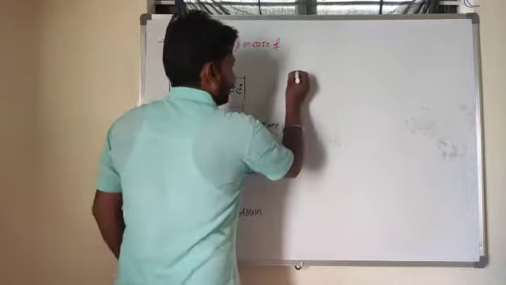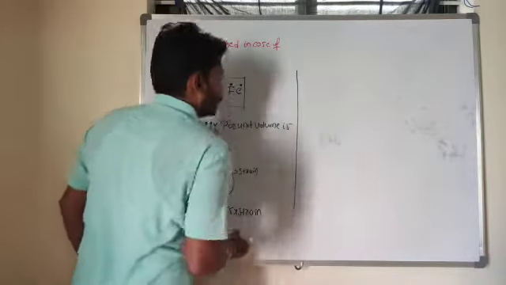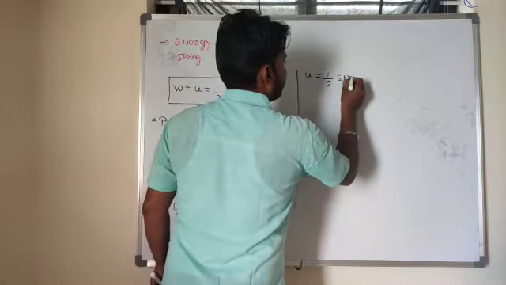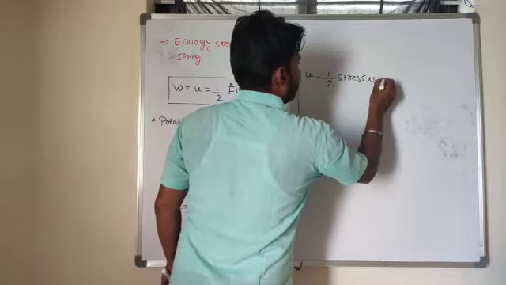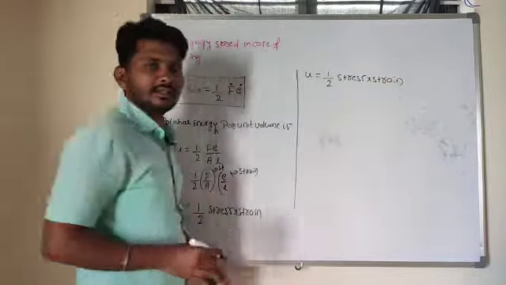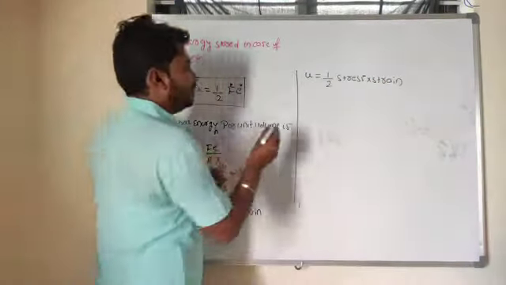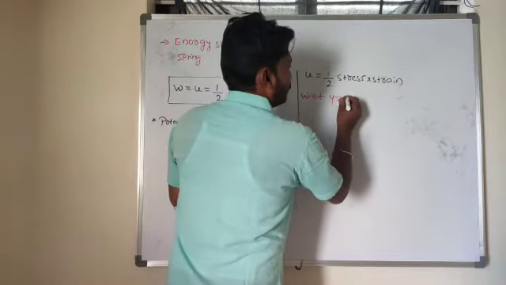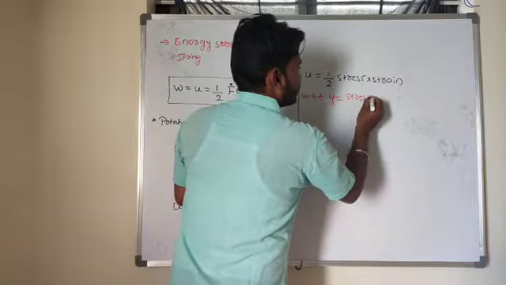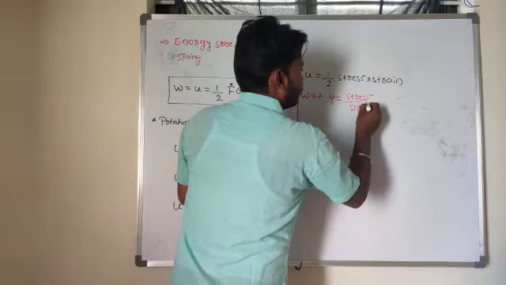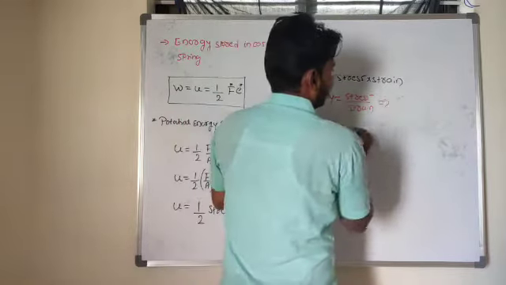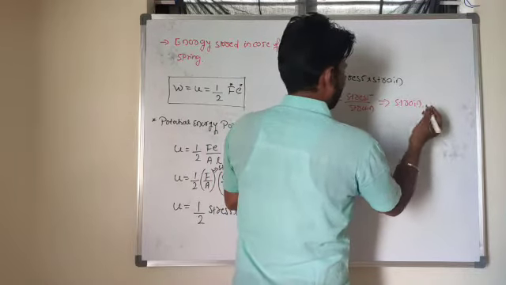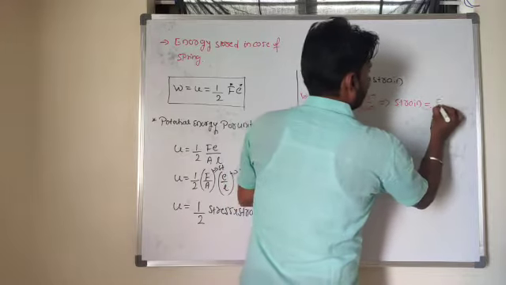So I can rewrite it in one more form. U is equal to 1 by 2 stress into strain. This is the formula. We know that Y is equal to stress by strain, Young's modulus.